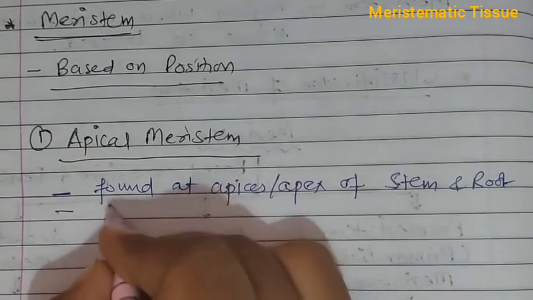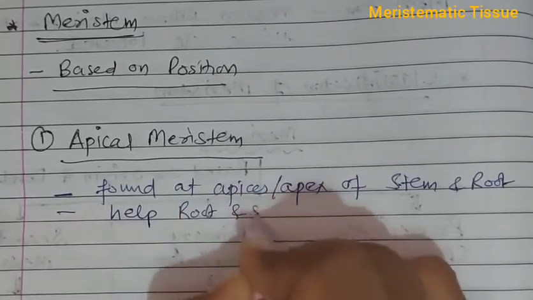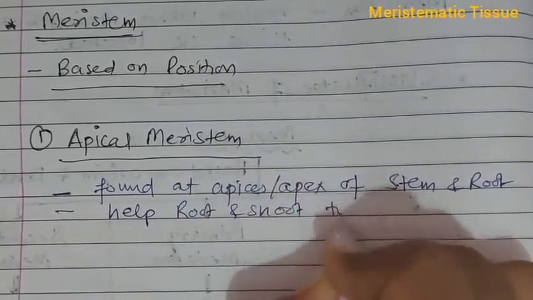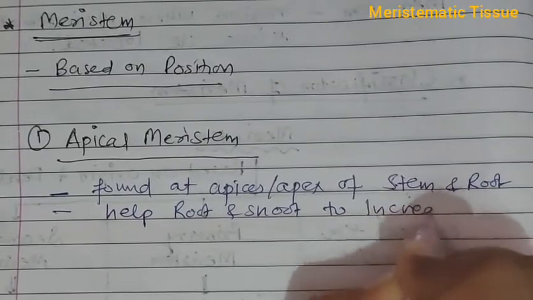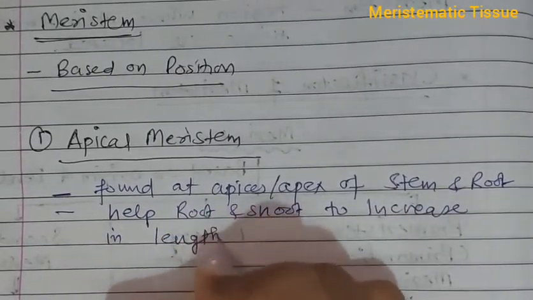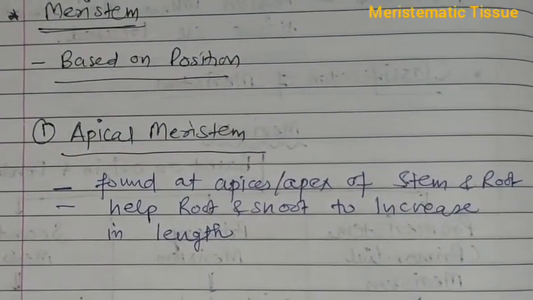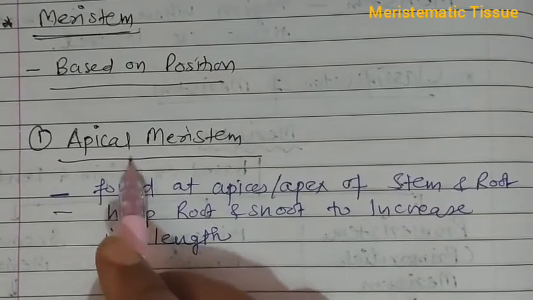Now they help root and shoot to increase in length. Means the length of root and shoot increases due to apical meristem.